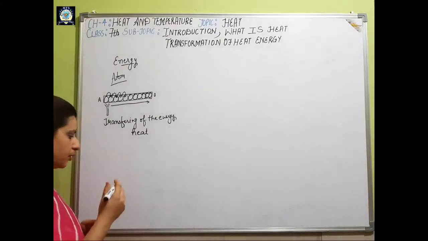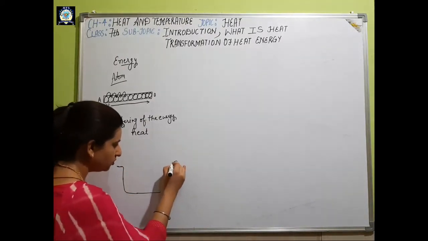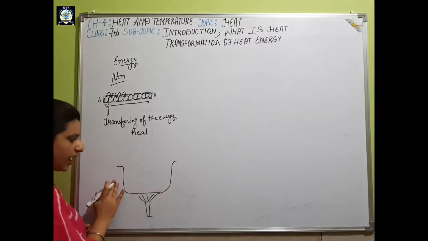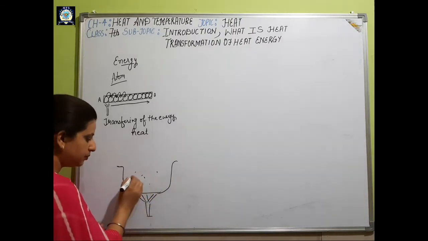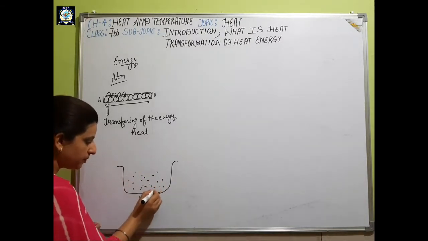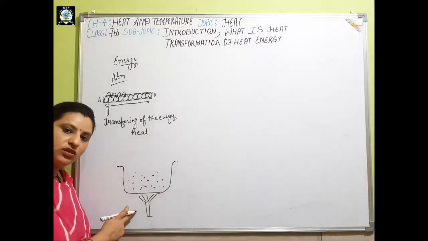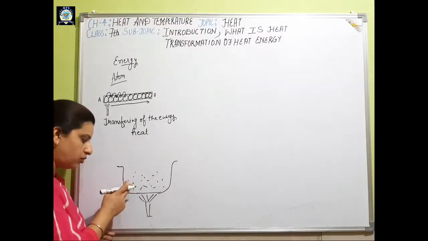If we take an example of liquids and gases, for example, this is an iron utensil, and in this utensil I put some water and I switch on the gas stove. Now this gas stove is transferring the heat energy to the water molecules.